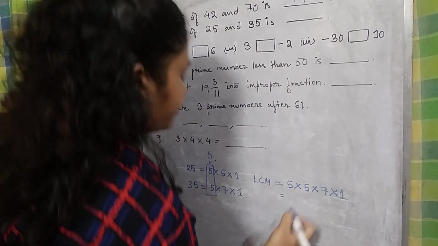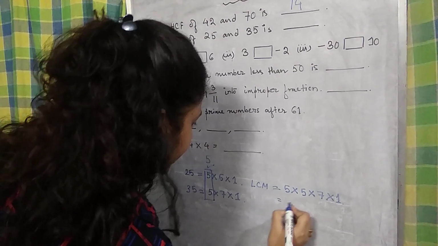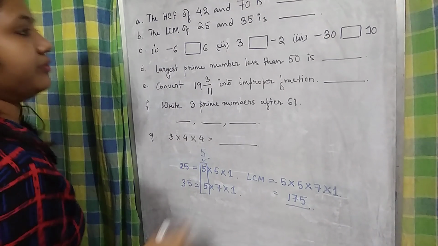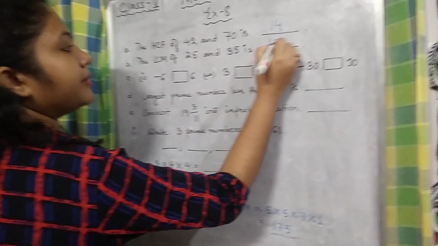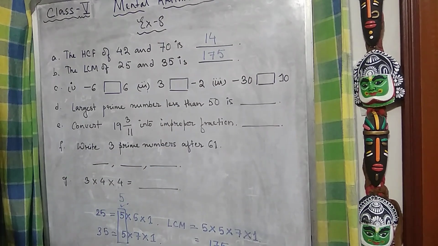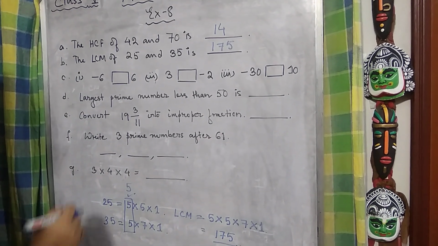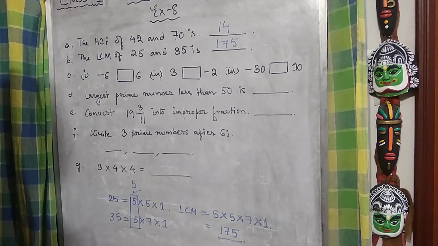After multiplying all these numbers, it gives 175. So the LCM of 25 and 35 will be 175. Understand?